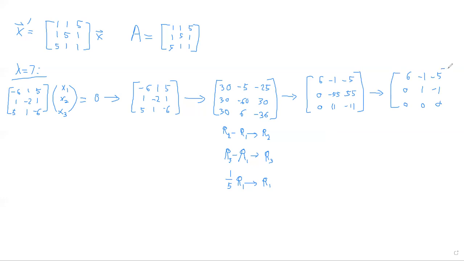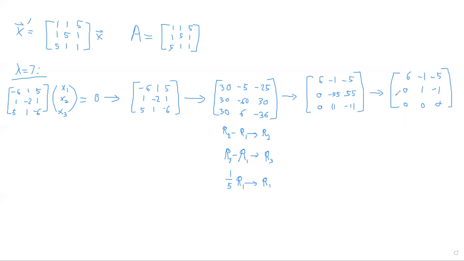Essentially what I did here was I divided everything in row 2 by 55, and I divided everything in row 3 by 11. So I had -1, 1, and 1 and -1 here in these respective entries. And then I subtracted row 2 from row 3, and then I put that into row 3.